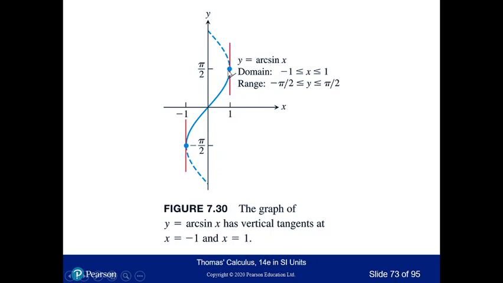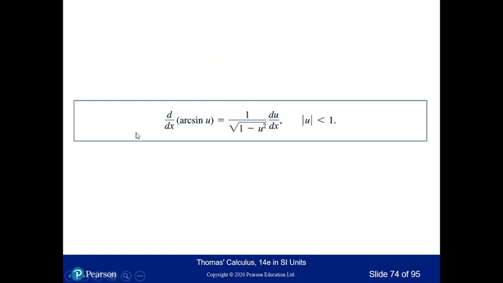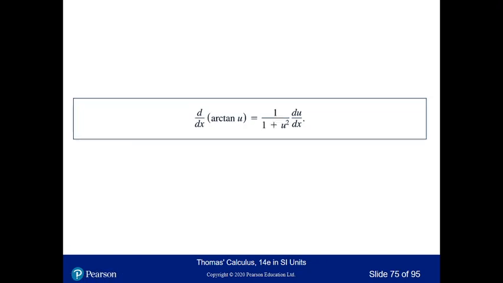So we have to look at the points where you don't have the derivatives. For example, here you have the vertical tangents, right? So we exclude them. So the derivative of arc sine of u is 1 over square root of 1 minus u squared times du dx, where the absolute value of u is less than 1. So this is the derivative of arc sine.